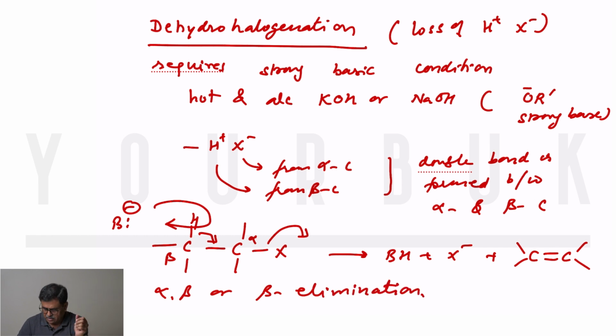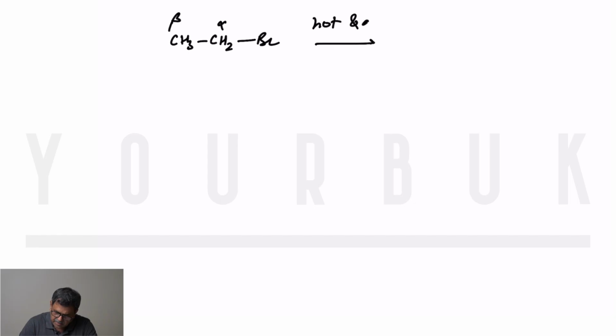Now we take some examples. This is the first example, CH3CH2Br. In this case, this is my alpha carbon and only one beta carbon is present. So when we use hot and alcoholic KOH, it gives one and only one alkene, that is ethene.